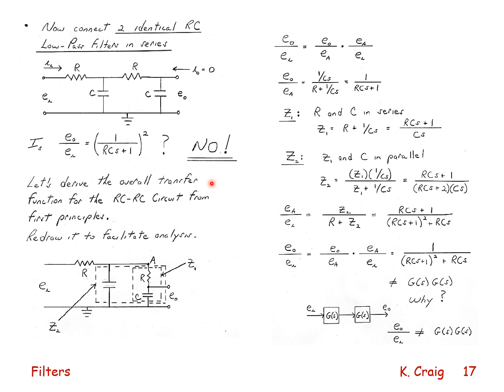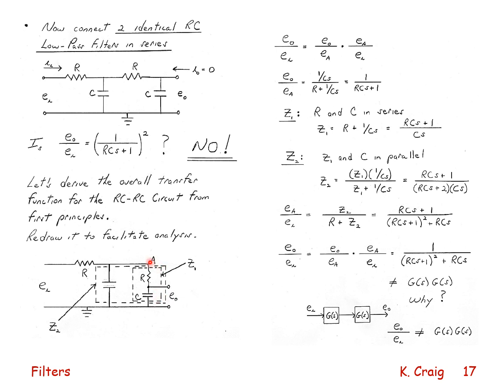So if I derive the overall transfer function for this RC circuit from first principles, I will redraw it to facilitate analysis. So here I have my R and my C for the upstream, and here's the R and the C for the downstream. I know that E out is the voltage measured across this capacitor here.